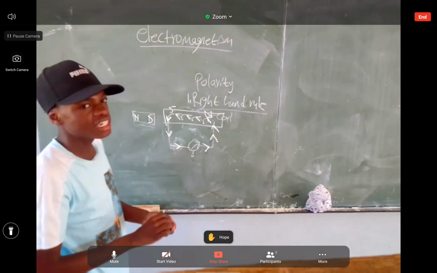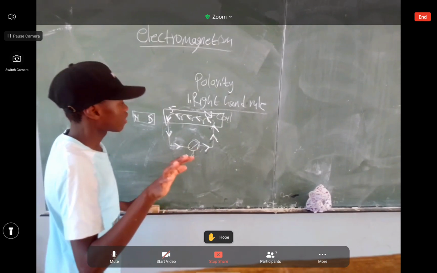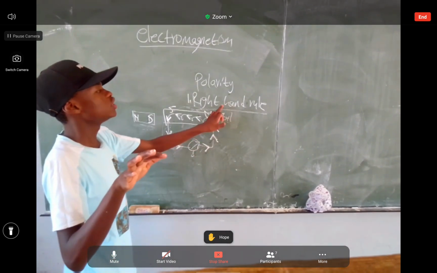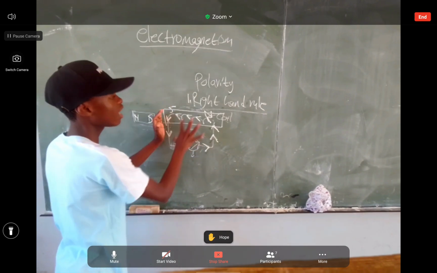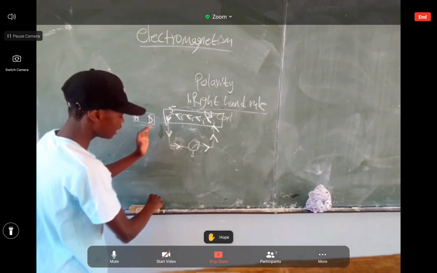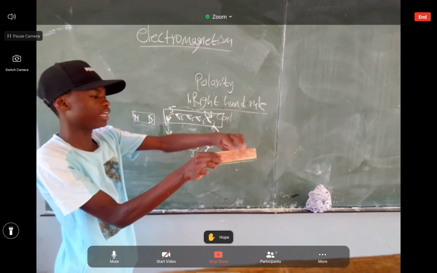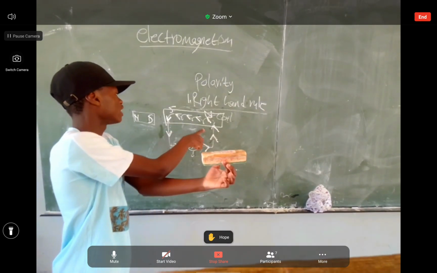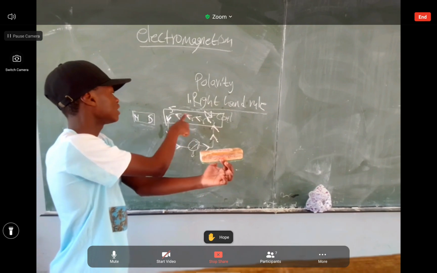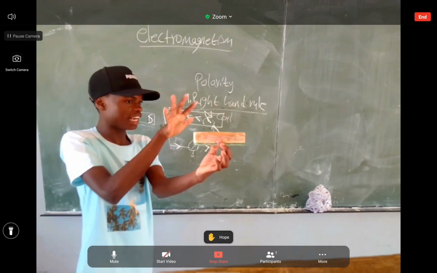So we are looking at how the right hand rule works over here, not on the magnet but on our coil. So the right hand rule is this on our coil, and we know that the current over here is moving like that. It's moving like this.